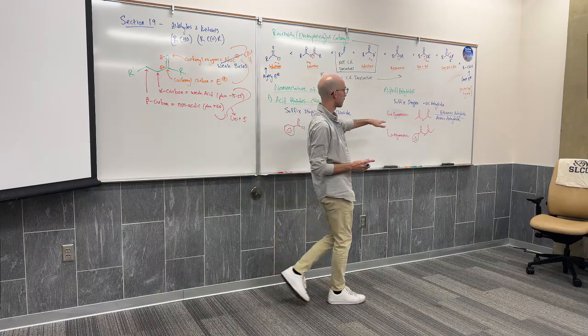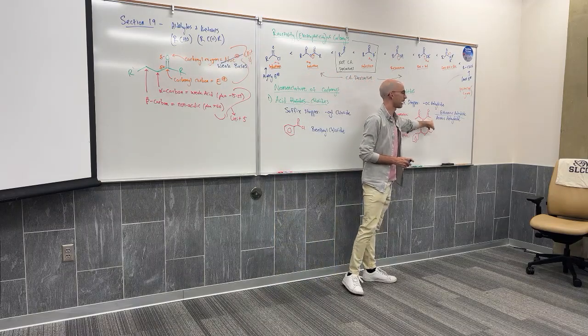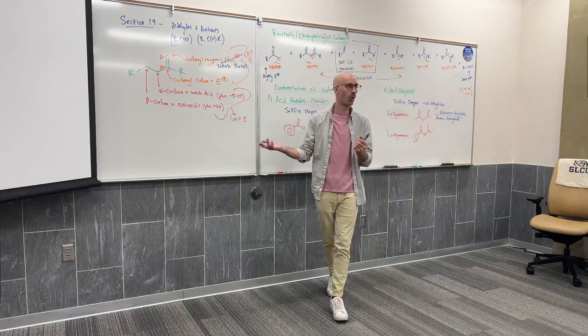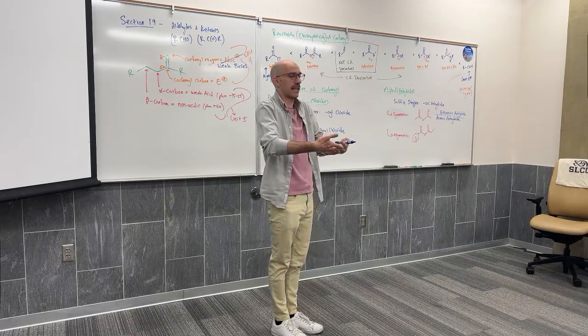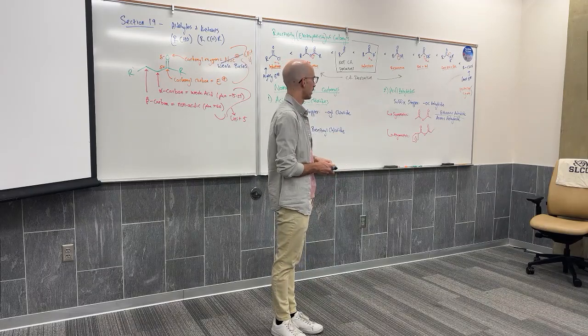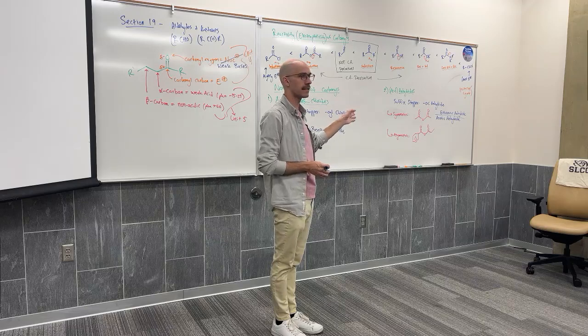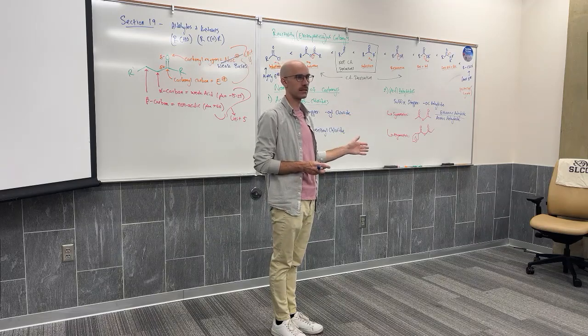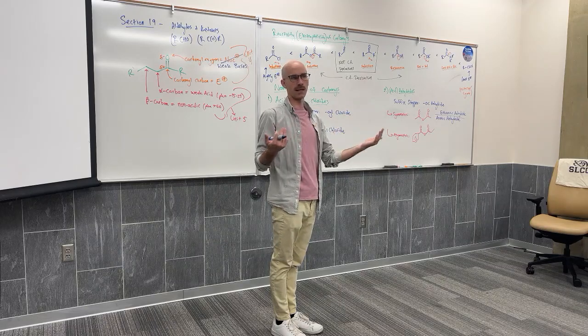So when it's symmetric, when it's the same carbon group on either side, you just say what one of the carbon groups is, and then you say anhydride, so you know it's kind of a dimer on both sides. When it's asymmetric, you have to name both sides, and you just alphabetize them.